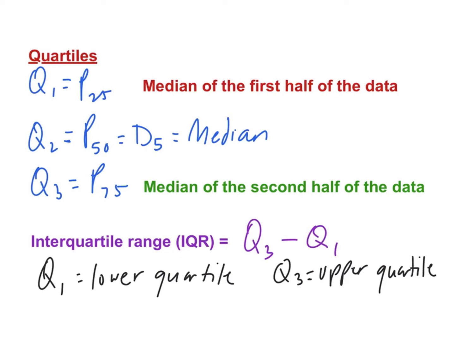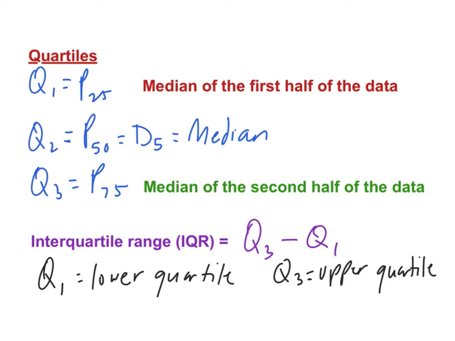Okay, but just as a comparison, or if you want to take a picture, that's fine too. The first quartile is the 25th percentile. We just did this on the last page. And remember, the first quartile is the median of the first half. The third quartile is the 75th percentile. Again, the median of the second half. We talked about this the other day. The interquartile range, Q3 minus Q1. So this is stuff we did already. I had to make sure you knew how to do this in order to do your 3-4 homework. Okay.